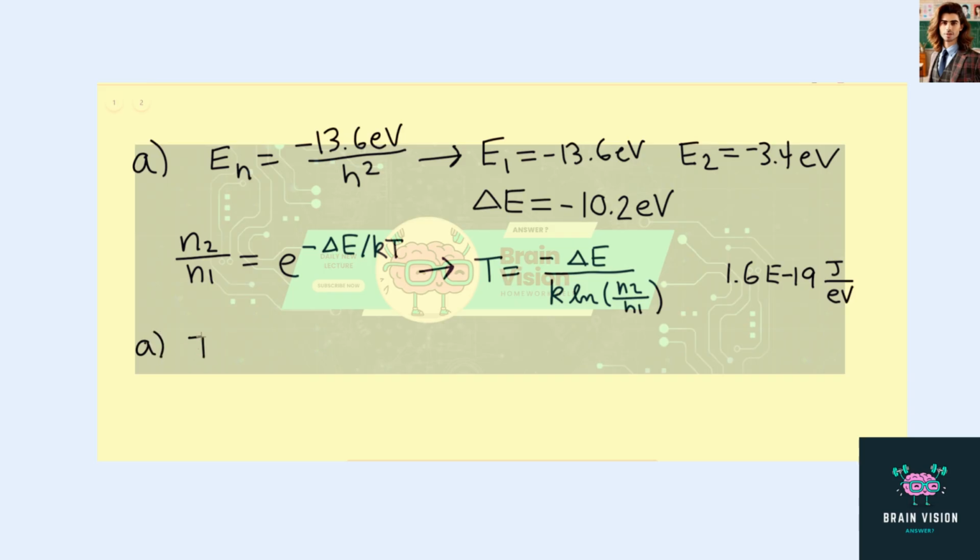For part A, after doing these computations, we get a temperature of 4,275 Kelvin. Pretty hot, but it's only going to get higher from there.